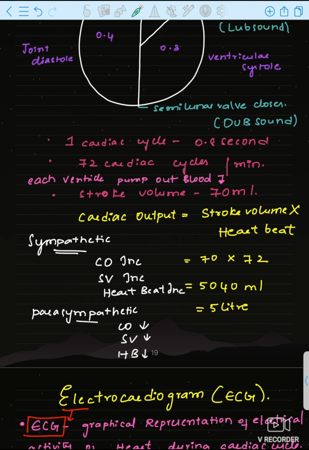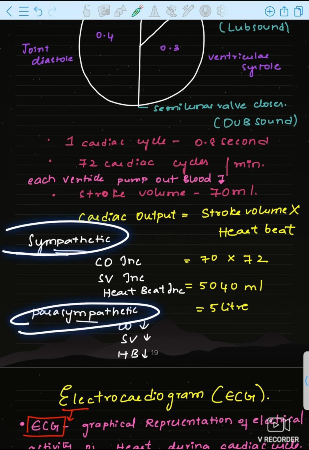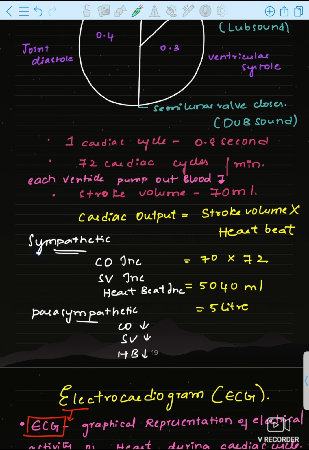Now there are two autonomic pathways, the autonomic nervous system. In that you will find sympathetic and parasympathetic. Sympathetic means it will show sympathy and the values will increase.